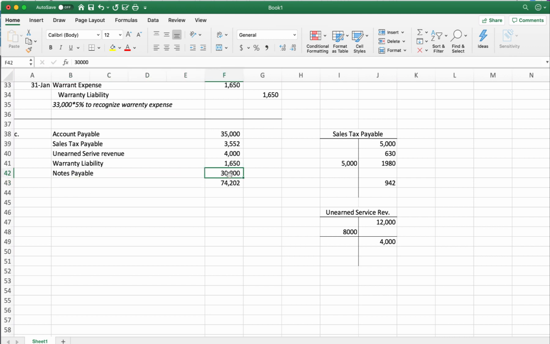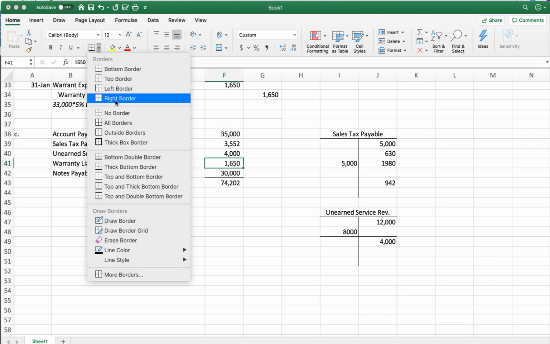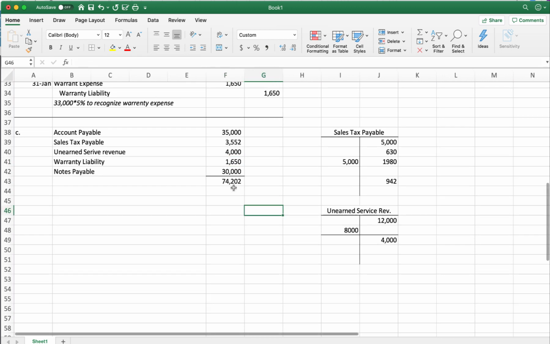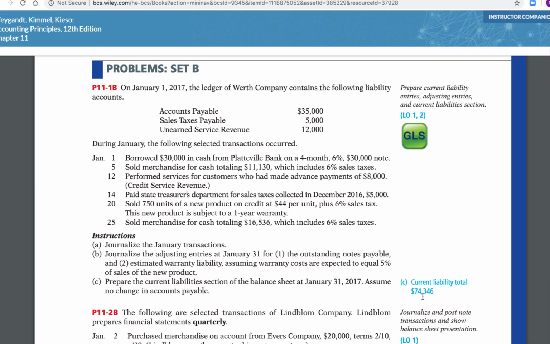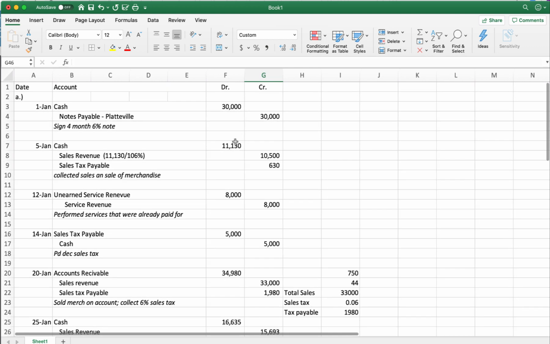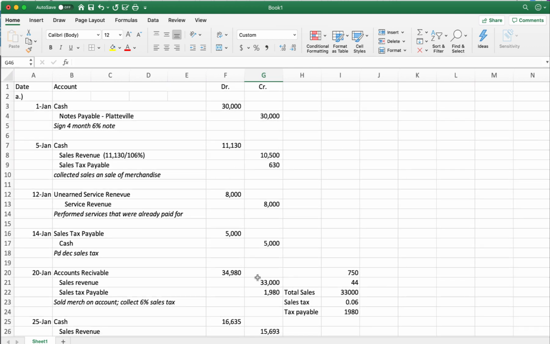There we go. So we're a little closer. We're a little closer, 74,202, 74,346. So chances are I probably messed something up in one of my calculations. I'm okay with that for right now.